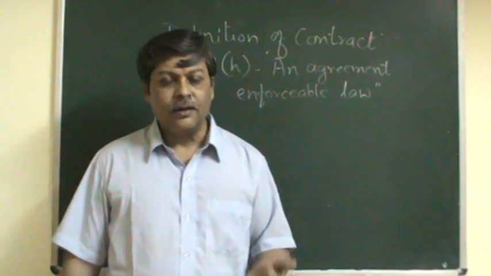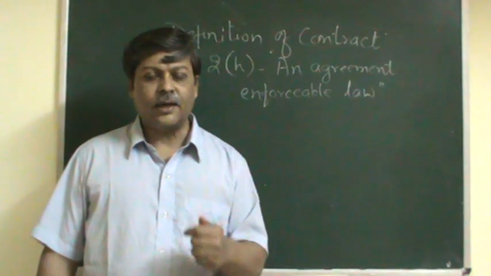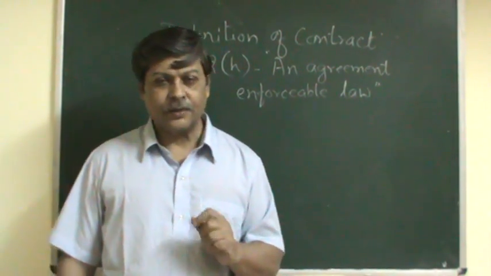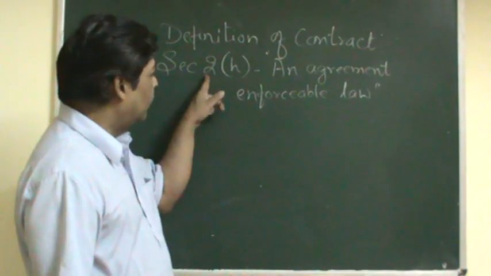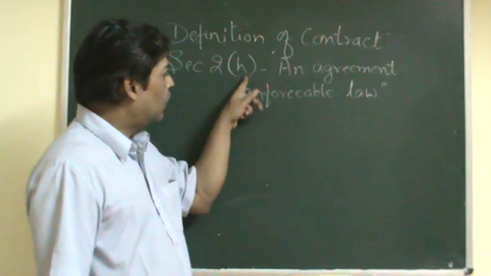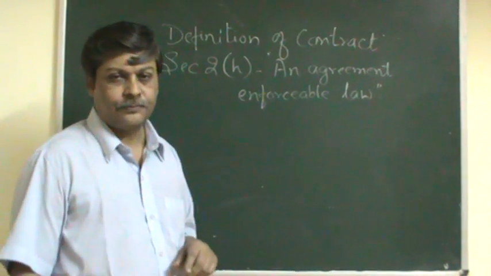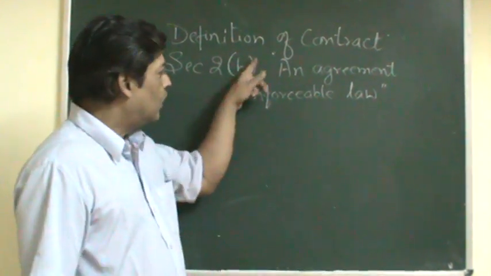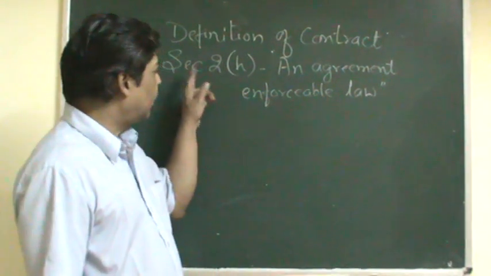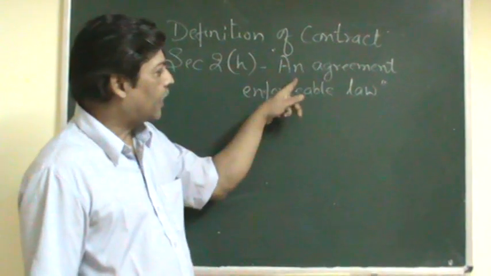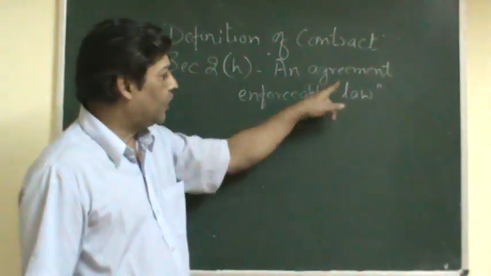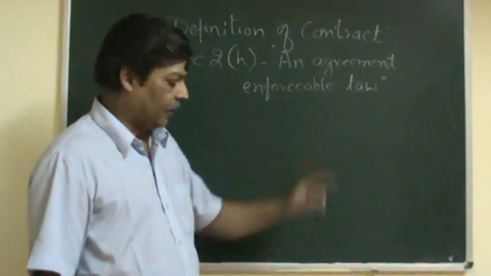That is why we are going to study the definition of the contract. The Indian Contract Act 1872, Section 2, clause (h), defines the term contract as an agreement enforceable by law.